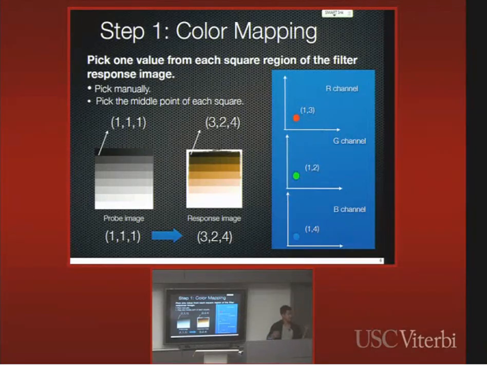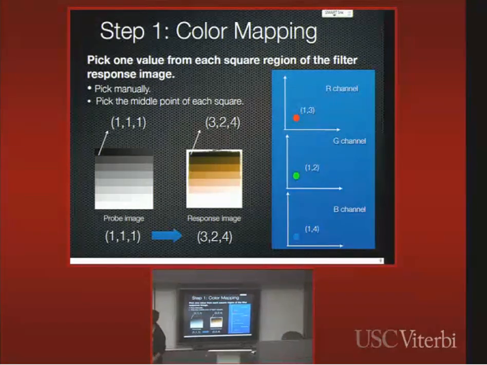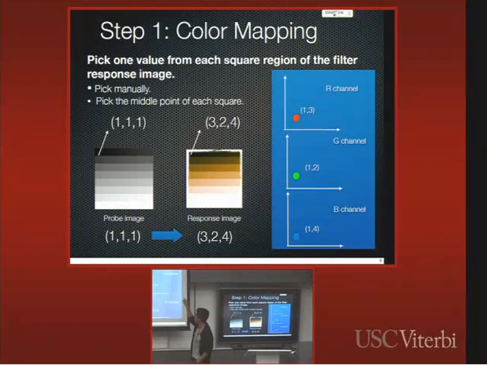Okay, here's an example. If we know that this is 111, and it maps to 324, what this means is that for R, 1 maps to 3, for the green channel, 1 maps to 2, and for the blue channel, 1 maps to 4.